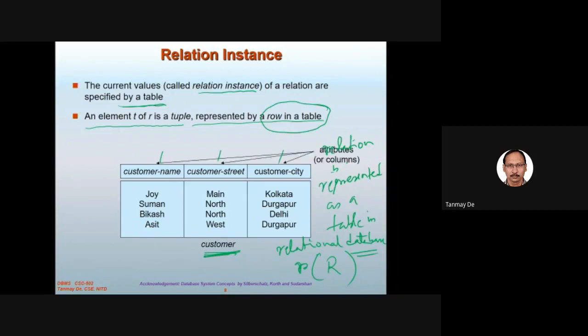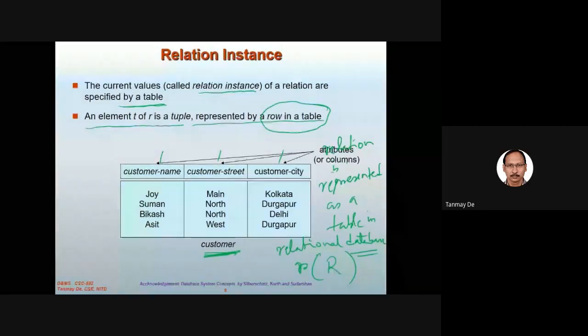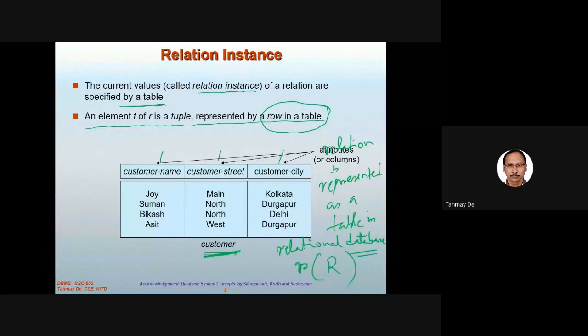I already told that these are the names of the columns or names of the attributes, and these are the tuples, or you can think of them as rows. These are the tuples or rows.